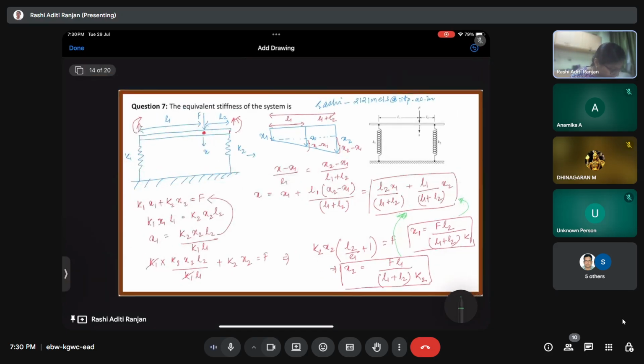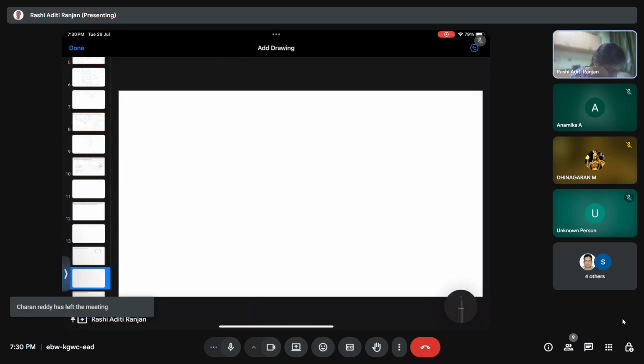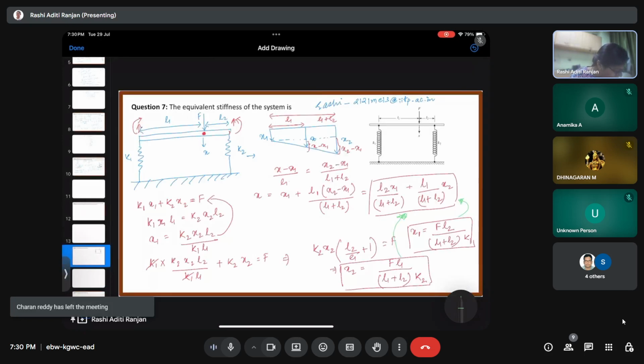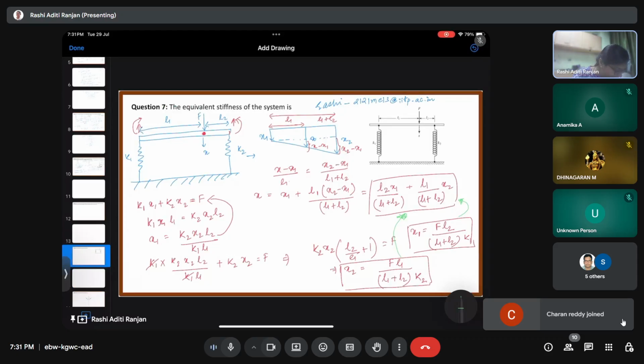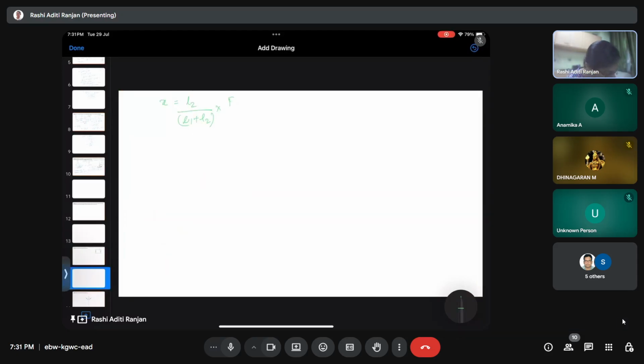We are going to get x is equal to L2 by (L1 plus L2) into x1, which is F into L2 by (L1 plus L2) into K1, plus L1 by (L1 plus L2) into F L1 by (L1 plus L2) into K2, right?